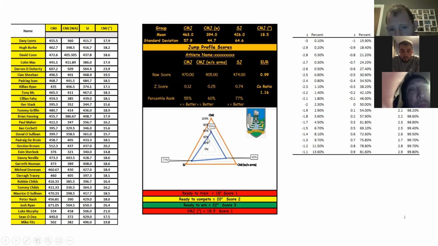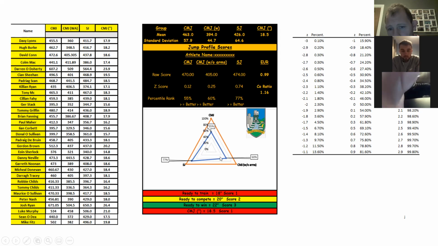What that does is, if you look down in this triangle graph here, it will present the player score back as a percentage of the group score. You can see here that this player's counter movement jump was at 55%. So he was just above average, but his squat jump was at 77%.